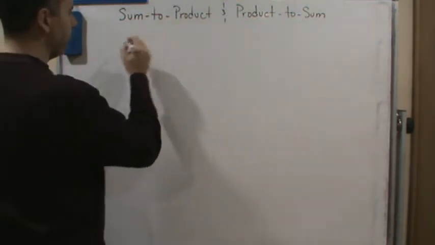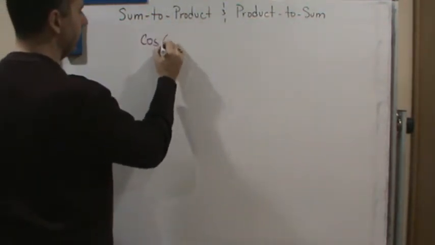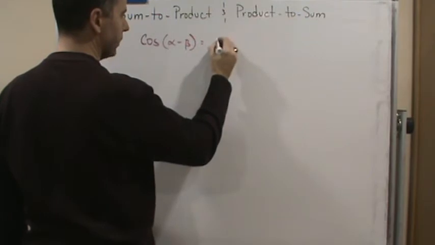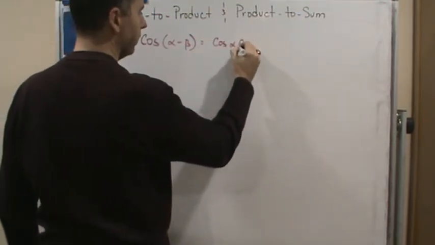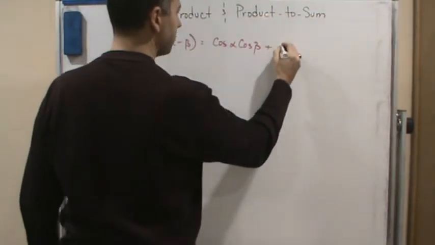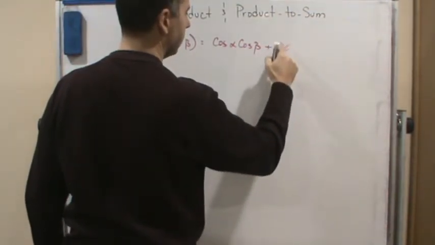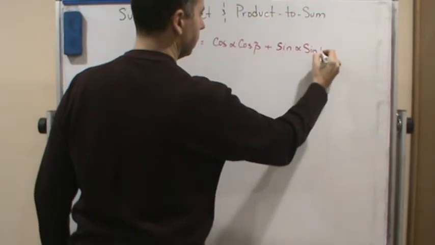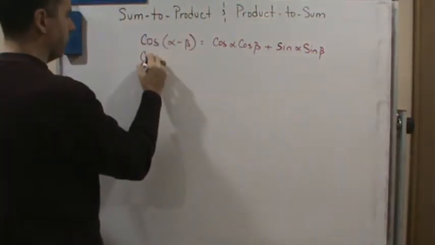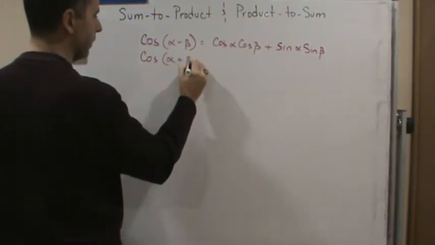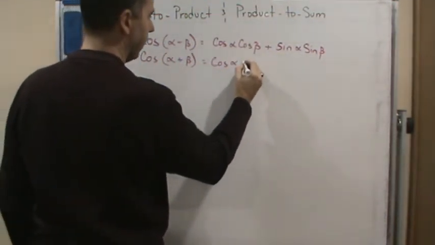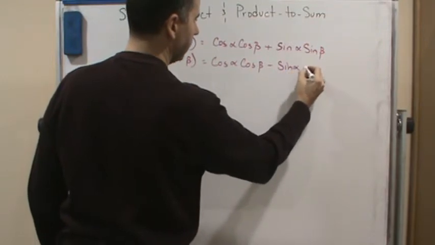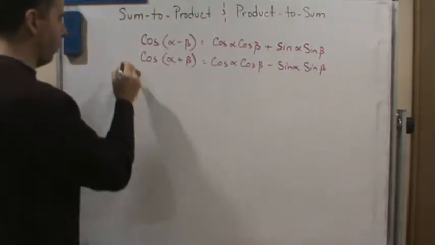So I'm going to write the cosine, and this time I'm going to start with cosine alpha minus beta, and that's equal to, again, cosine alpha cosine beta plus sine alpha sine beta, and then we have cosine alpha plus beta is equal to cosine alpha cosine beta minus sine alpha sine beta.